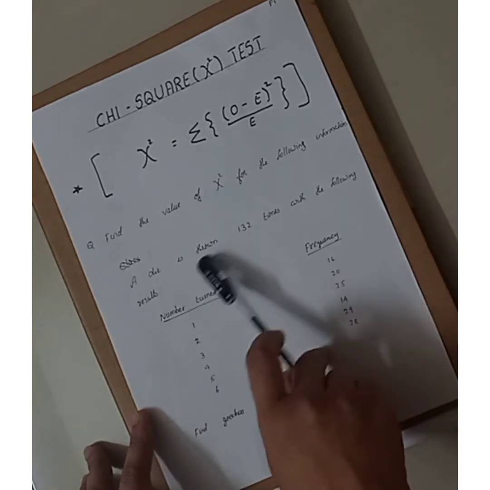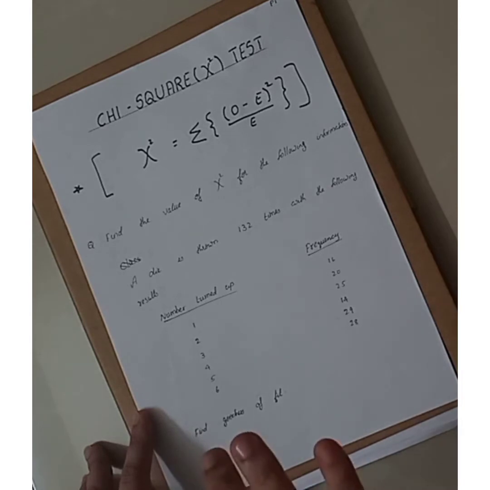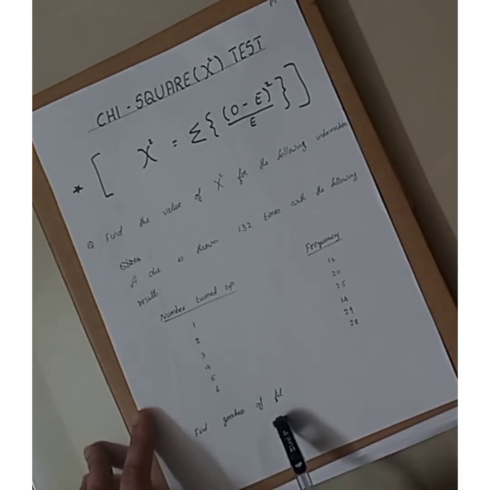See, this is a die, so our assumption is that it is an unbiased die. Only if it is unbiased can we say that there exists a goodness of fit, correct? If it is an unbiased die, what will be the probability of getting each number? Whatever number we get will have equal probability.